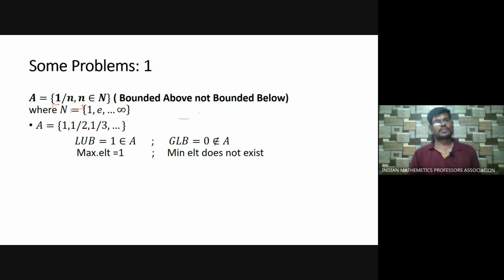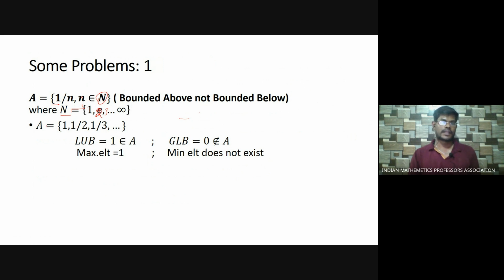The first problem, you have a set A equal to 1 by n, where n belongs to the natural numbers. This is bounded above but not bounded below. We will see how. Here n is a natural number, so we get 1, 2, 3 up to infinity.